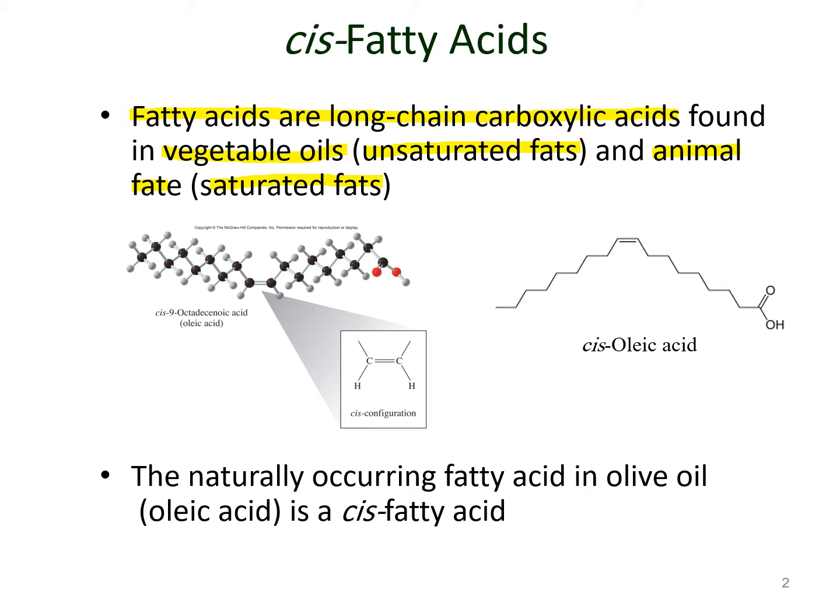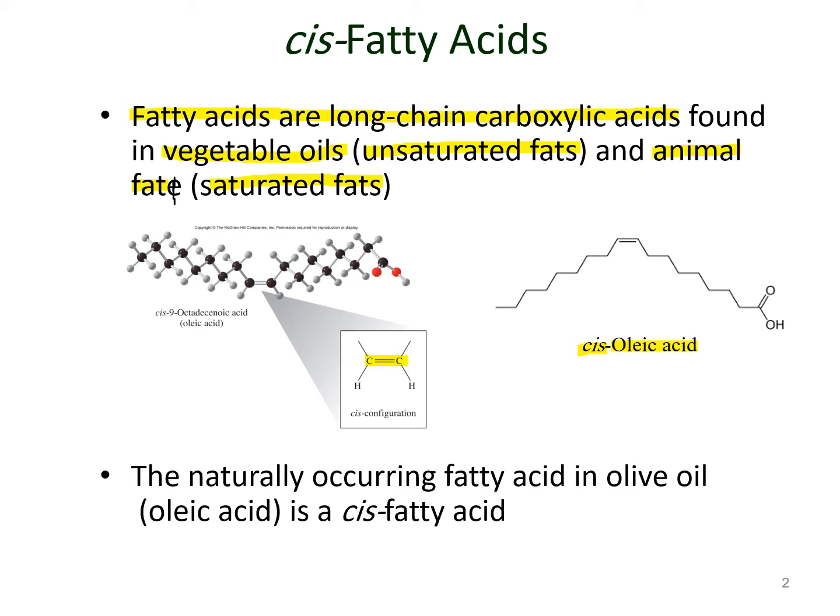Kindly make one correction in this one. For the spelling, this one is animal fat and not fate, so cut this E out of it. And the example shown here is oleic acid, and this one is the cis variety. As we can see, this is the carbon-carbon double bond found in oleic acid.